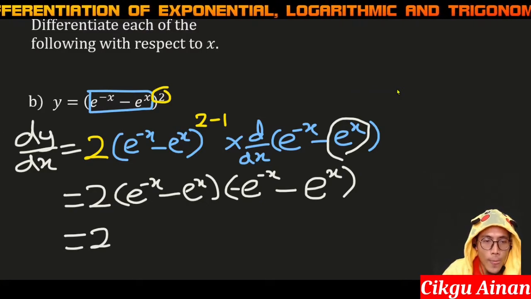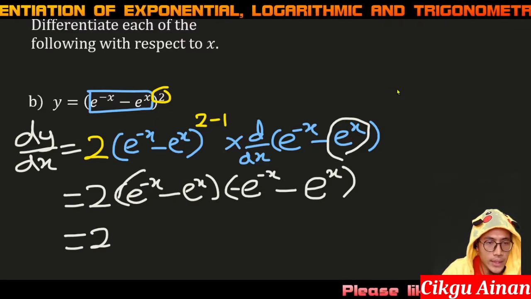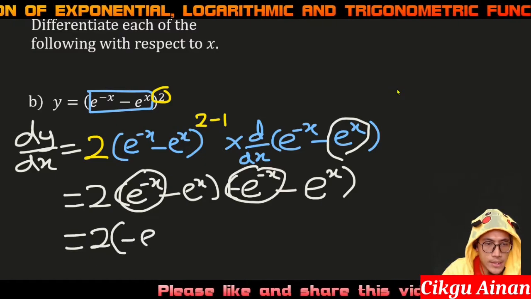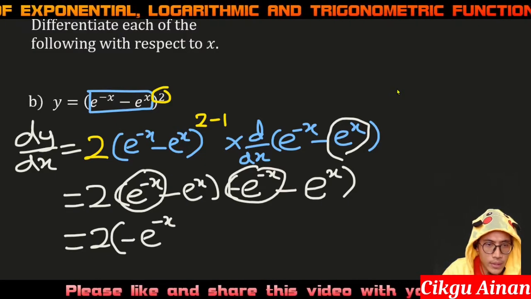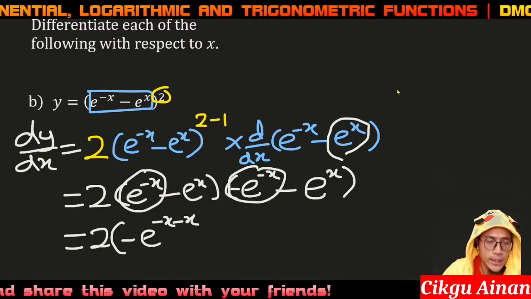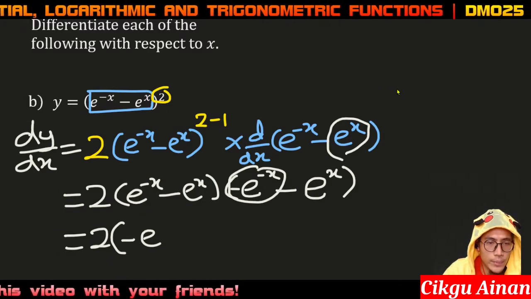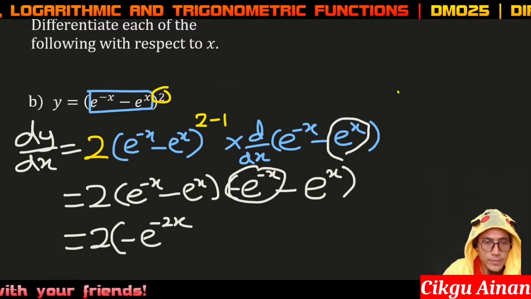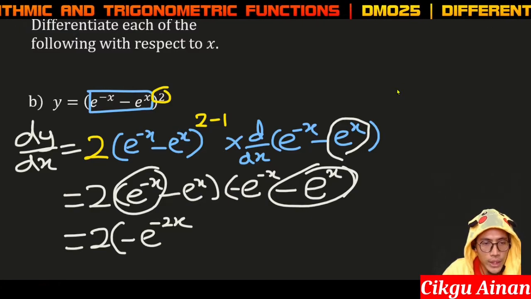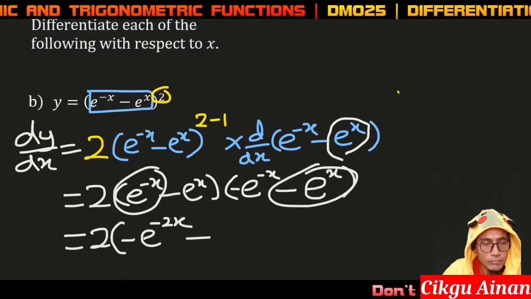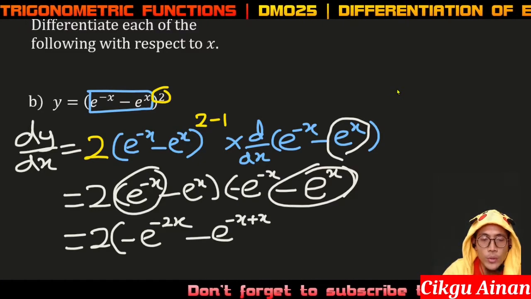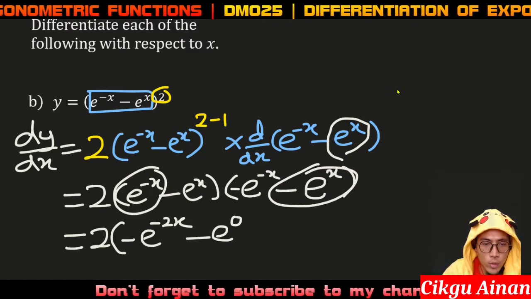So 2, and then this one I multiply with this one becomes minus e to the power of x plus minus x, so it becomes minus 2x. Now this one with this one becomes minus, and then e to the power of minus x plus x, so it will become 0.